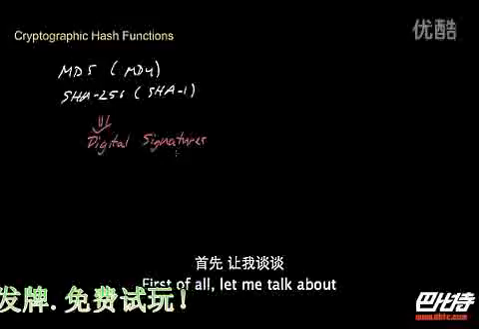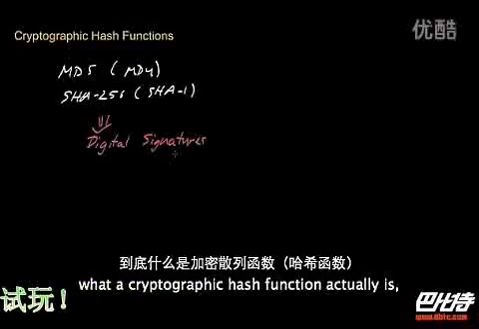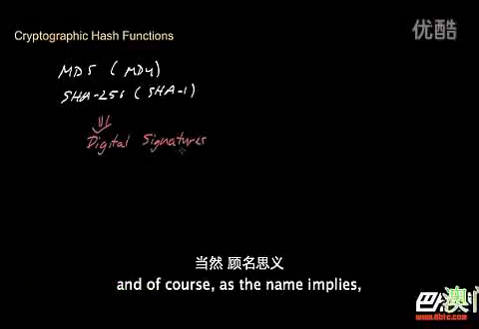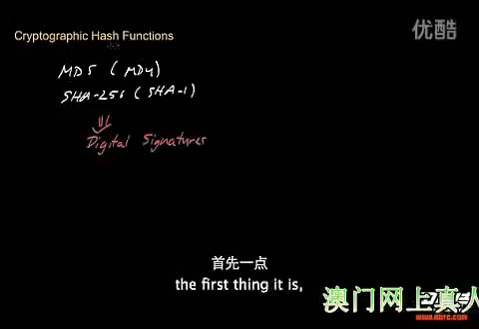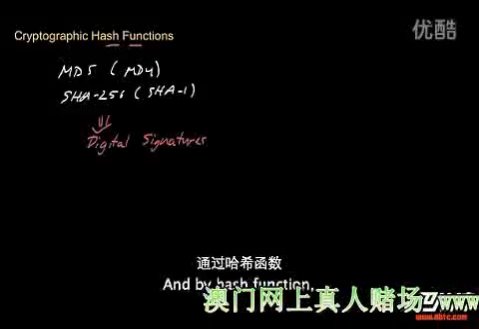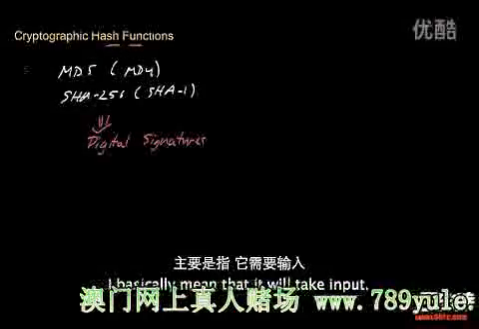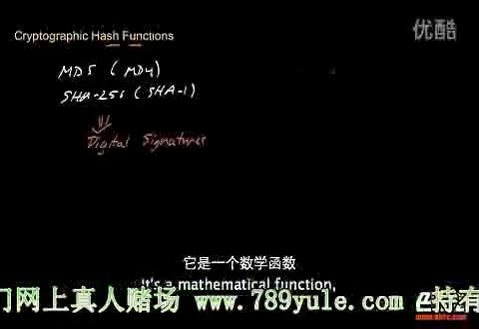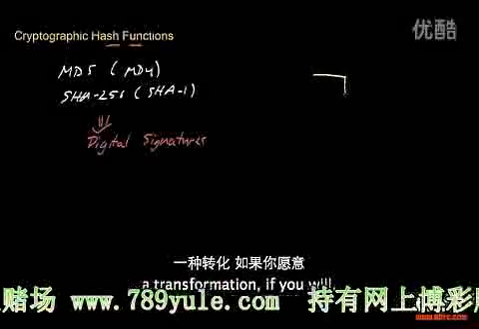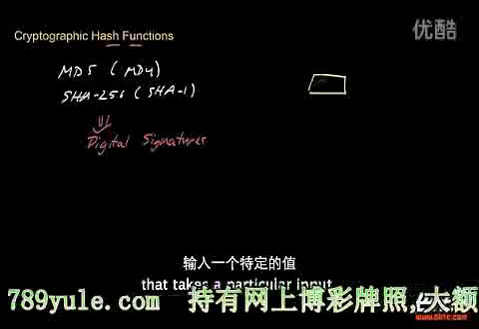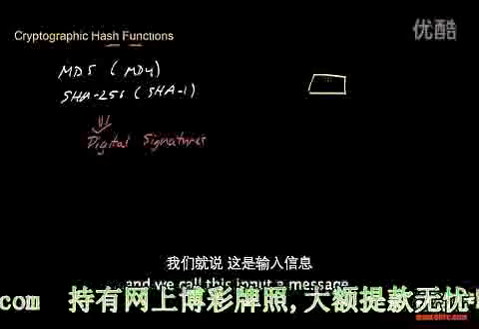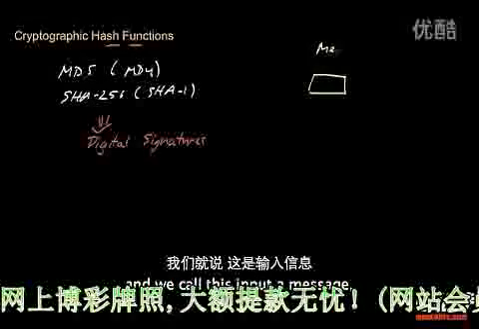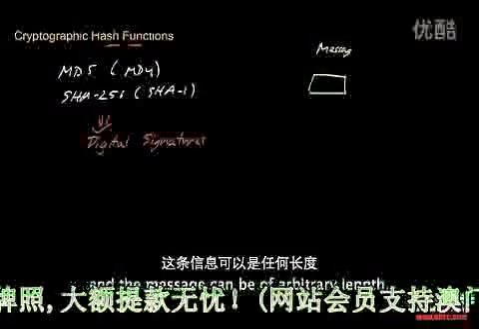So first of all, let me talk about what a cryptographic hash function actually is. And of course, as the name implies, the first thing is it's a hash function. And by hash function, I basically mean that it will take input. It's a mathematical function, a transformation, if you will, that takes a particular input, and we call this input a message. Okay, and the message can be of arbitrary length.